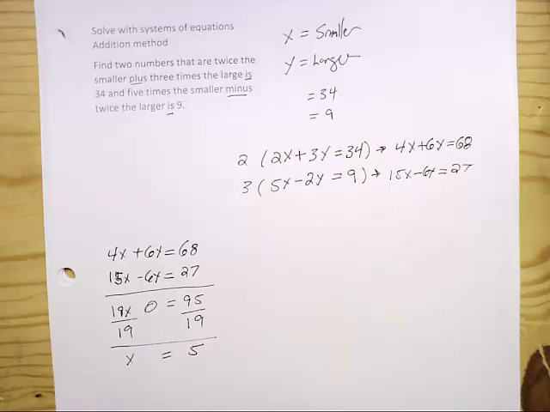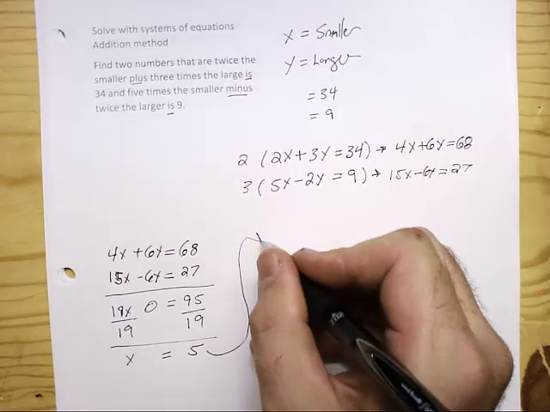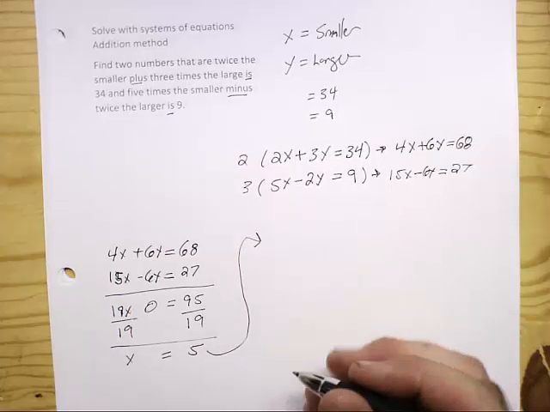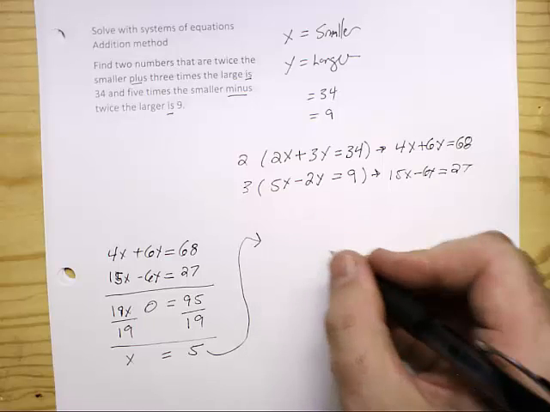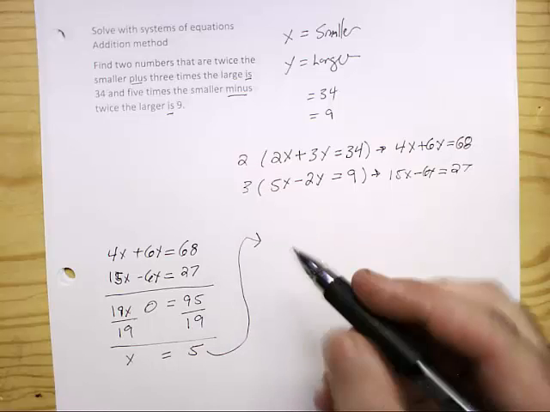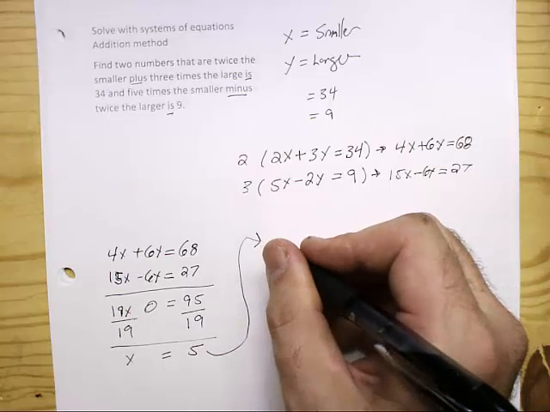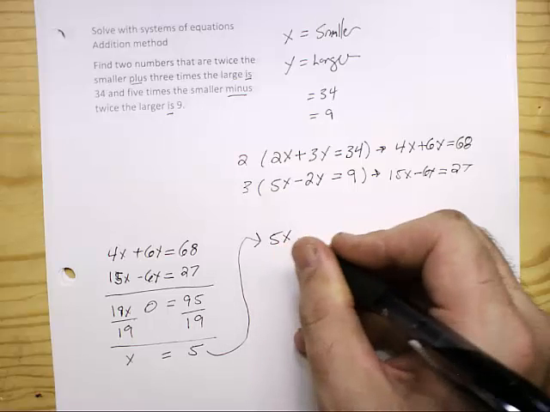Okay, now we're going to take this value and plug it into one of the original equations, not one of the adapted ones. We're going to plug the 5 into this one, 5x minus 2y equals 9. I'll show you.